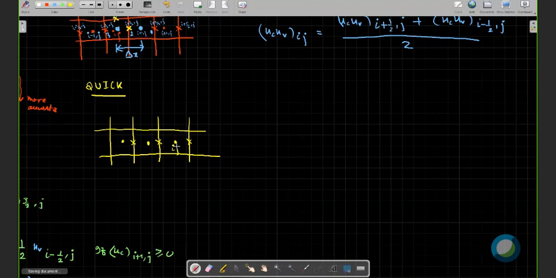So this is your ij, this is I plus half j, this is I minus 1j, this is I minus half j, this is I minus 5 by 2 j, and this is I minus 2j.